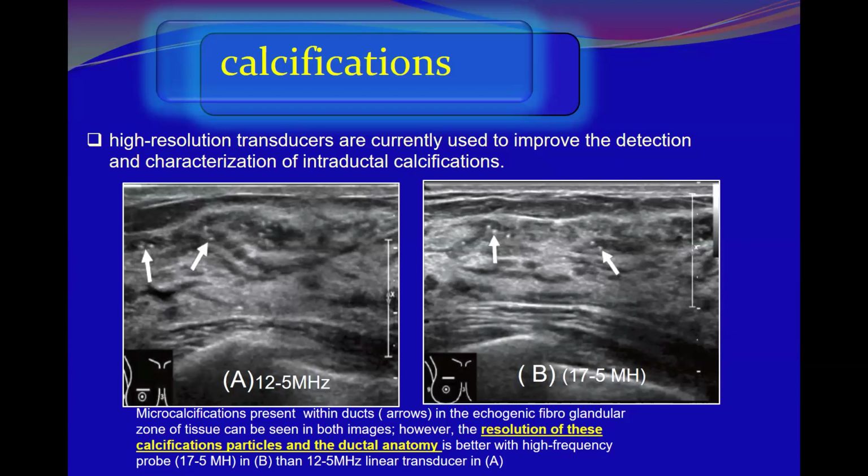Here we can see that high resolution transducers are currently used to improve the detection and characterization of intraductal calcification. If you look, in which image is the calcification more conspicuous and more delineated?